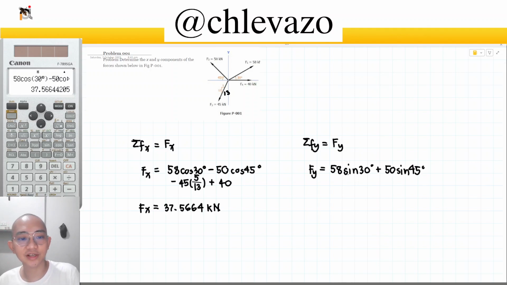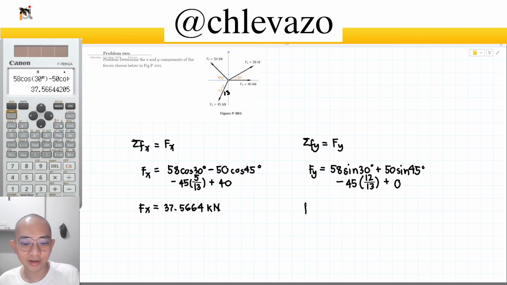Then for the F3, that's due to the negative y-axis, that's negative 45. Direction would be 12 over 13. Okay? And then, for the F4, it has no component, so pwede na nating plus 0 na lang. Okay? Para di kayo malito na may F4 pa tayo kinuha.